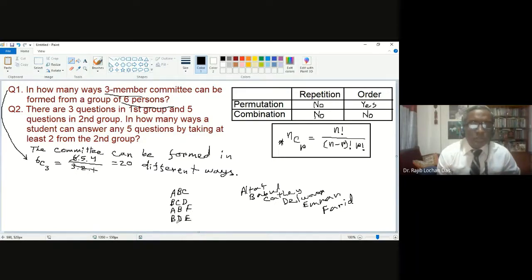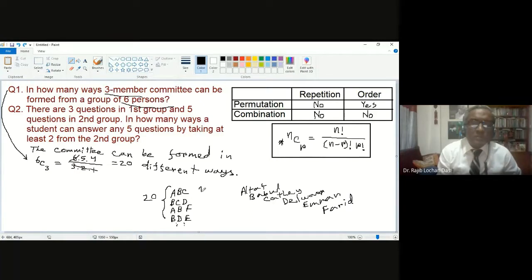So in this way, you can write all the possible committees, and that will be 20 different types. So in this case, ABC or ACB is not different.